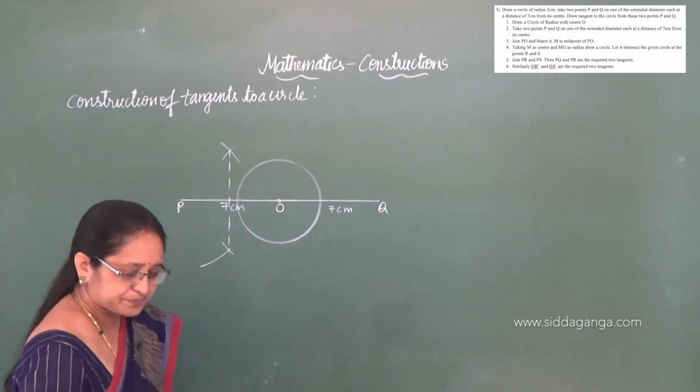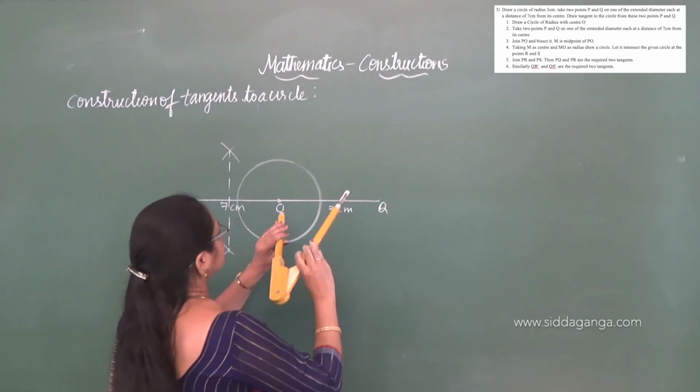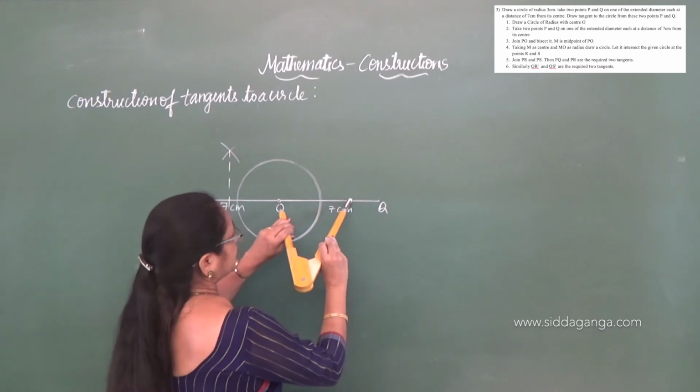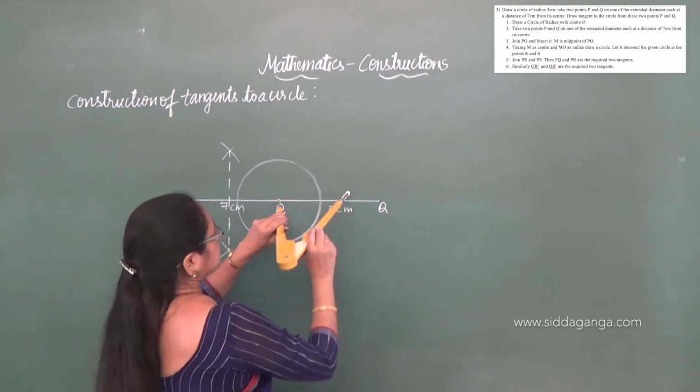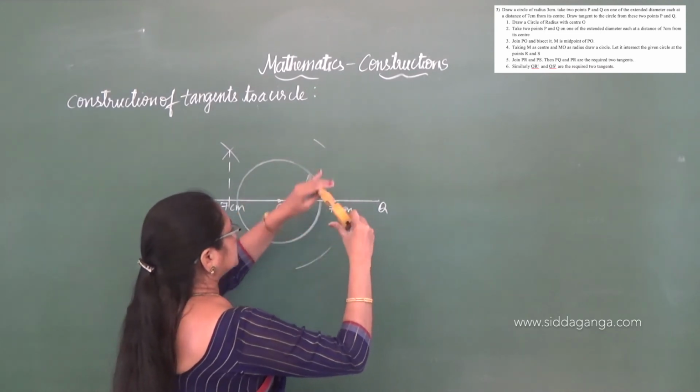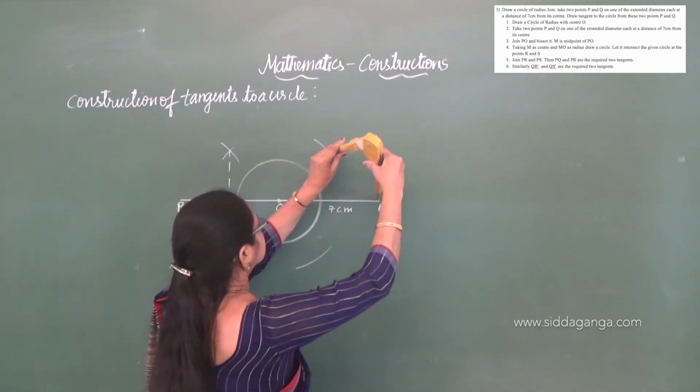Same thing I have to do for this also. So, OQ I have taken more than half, so I will draw a perpendicular bisector for OQ. Then I will cut this.